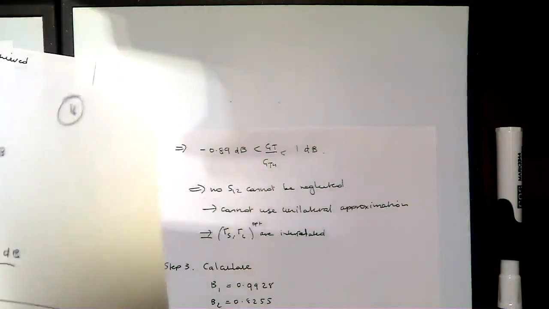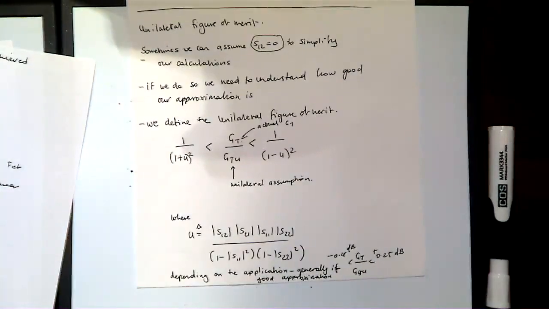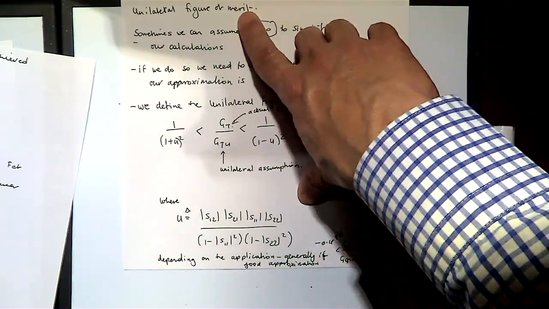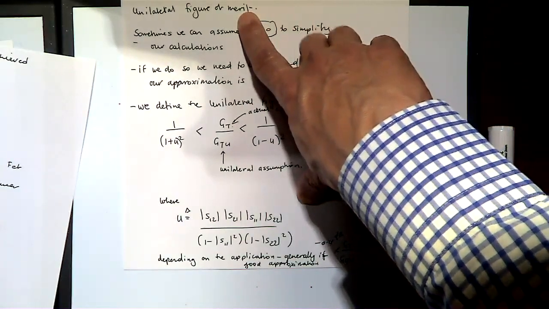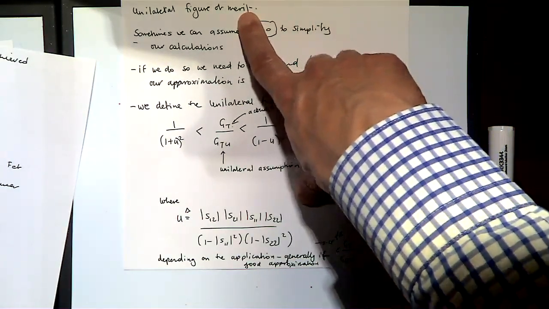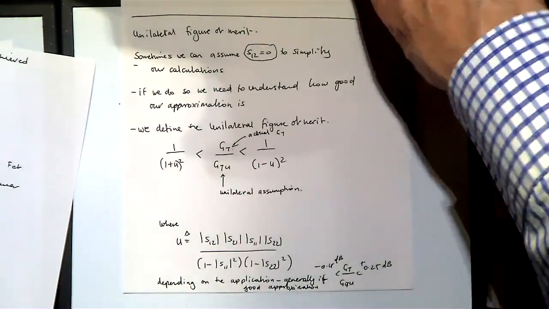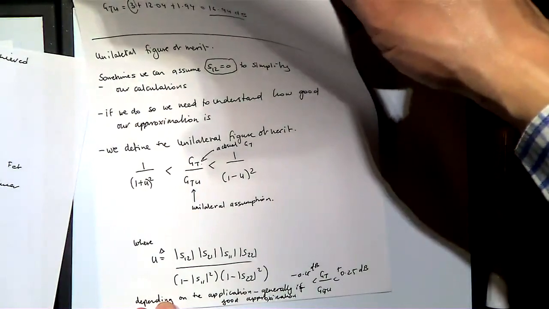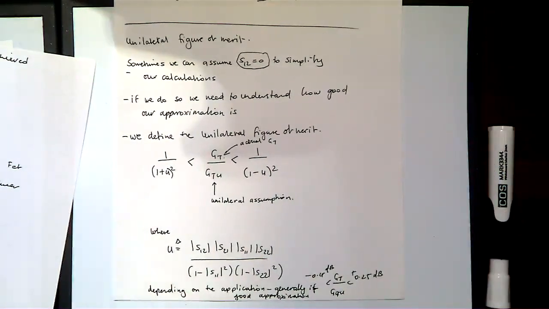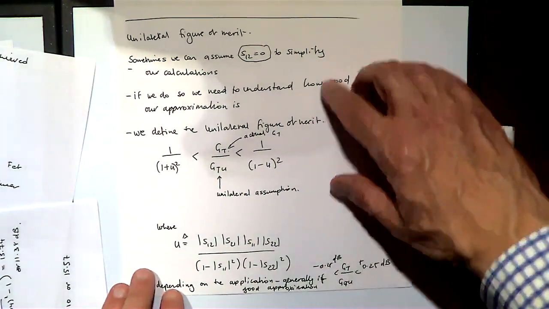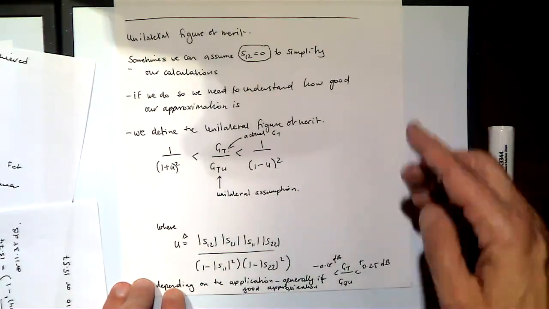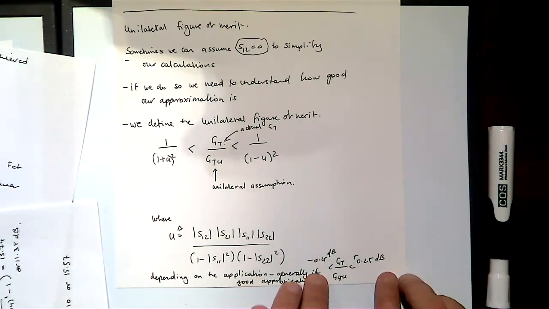if you remember in the lecture, when I did the unilateral figure of merit, this is slide number 11. When you do the calculation, we said that you can neglect it if you're about 1/4 of a dB.